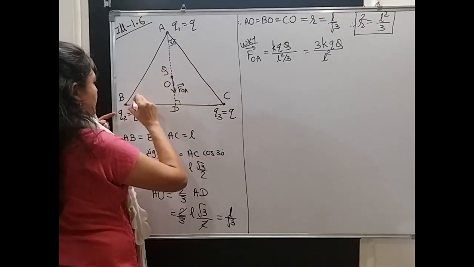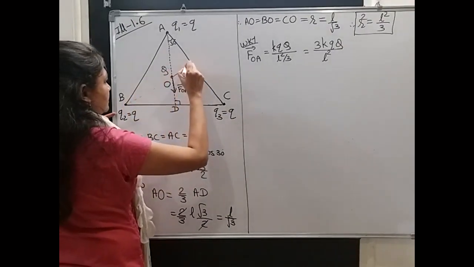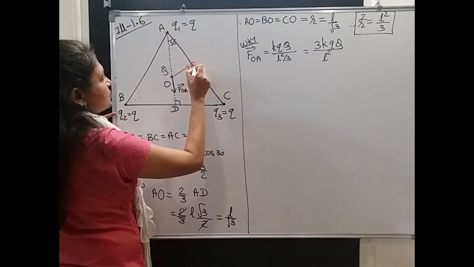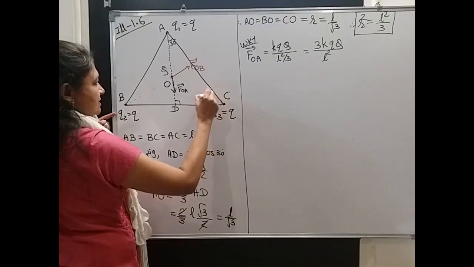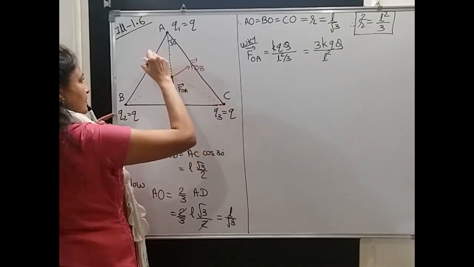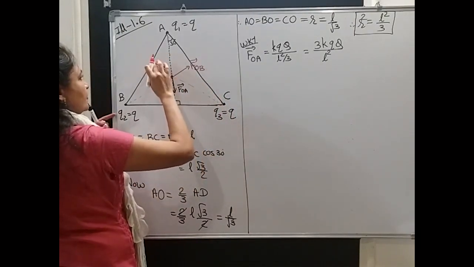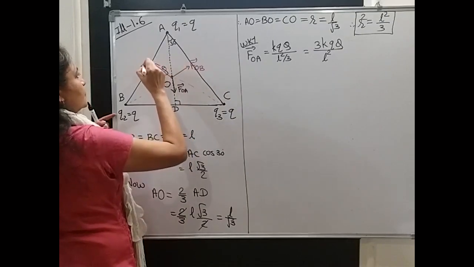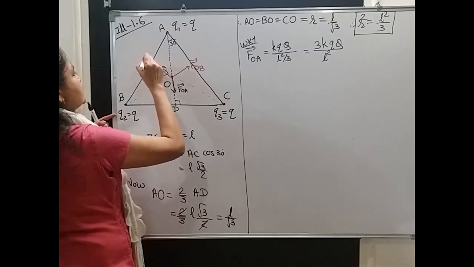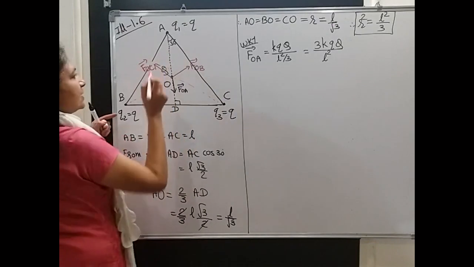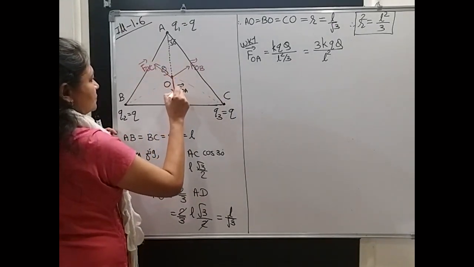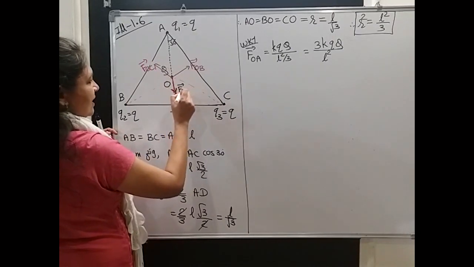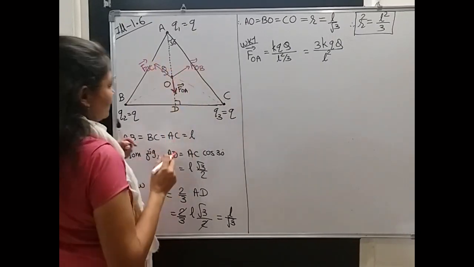So this is the force on O by B, and this is C, which will give me the force on O by C. Correct? So in this way I have three forces: force on O by A, F_OA, F_OB and F_OC.